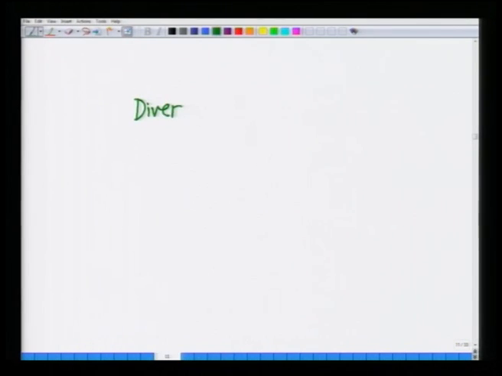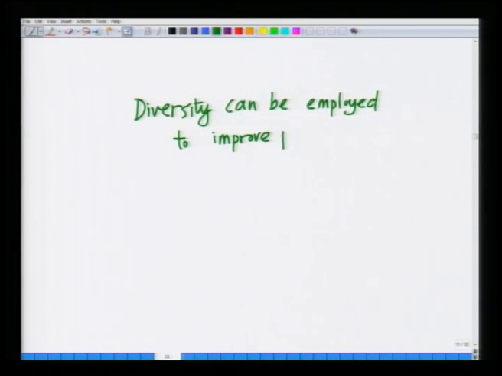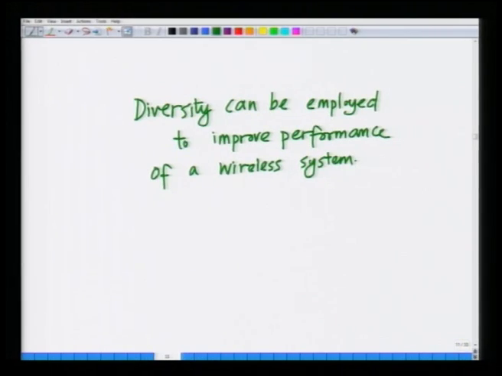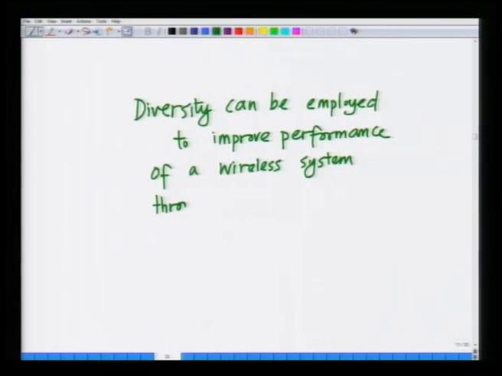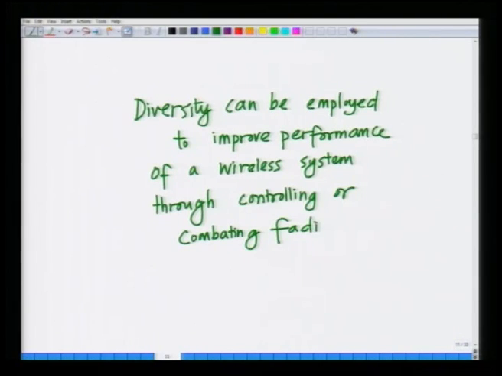So, diversity can be employed to improve the performance of a wireless communication system by controlling or combating the fading environment.